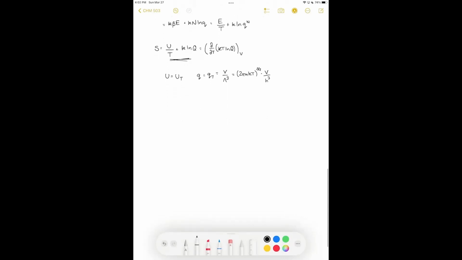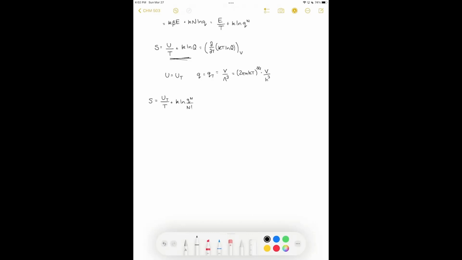So the entropy for this ideal monatomic gas is simply going to be the translational energy over T plus k natural log of Q to the N. And we introduce N factorial because for these particles, we can't tell the different monatomic gas atoms apart, so we have to divide by N factorial in this case. So what do we do?